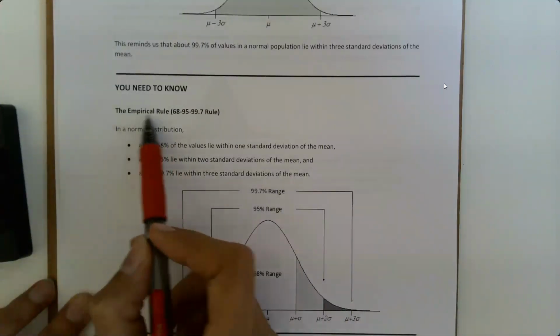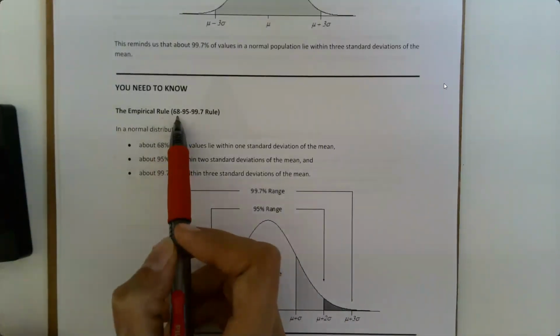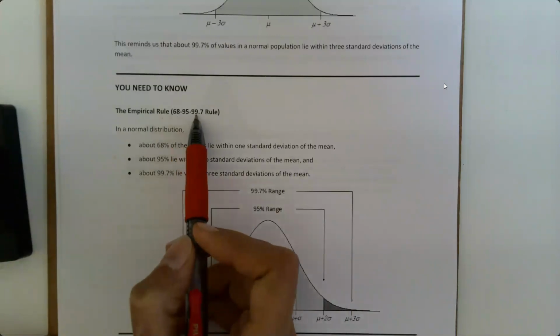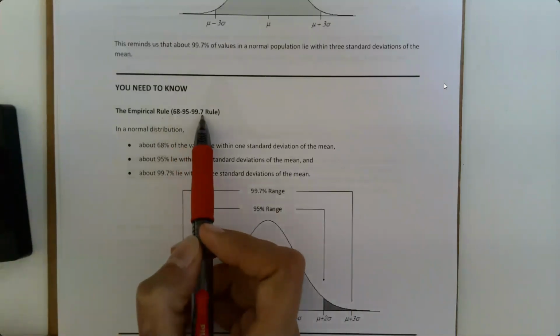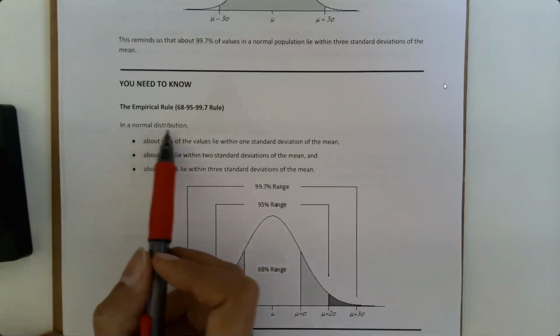The empirical rule, the 68, 95, 99.7% rule in any normal distribution.